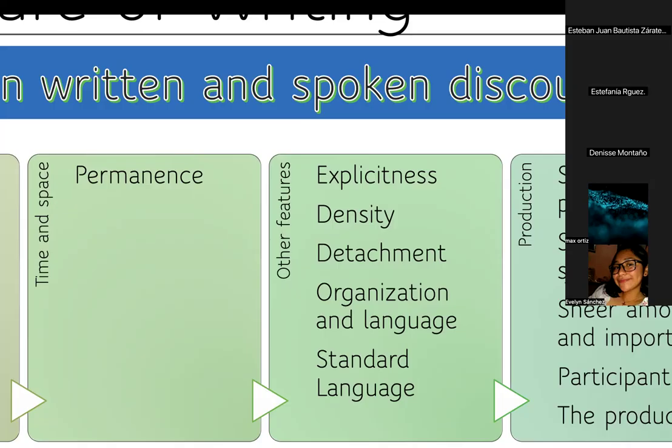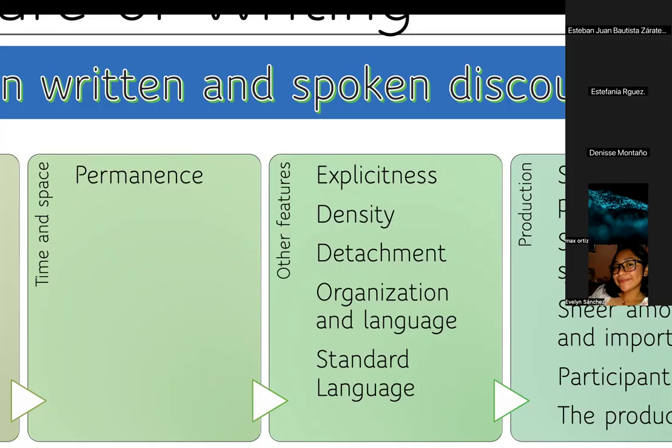Then the other expression, that is detachment. Detachment means in the written text that all paragraphs need to be tied in a cohesive way. So the second paragraph depends on the first paragraph. The third paragraph depends on the second paragraph, and so on.